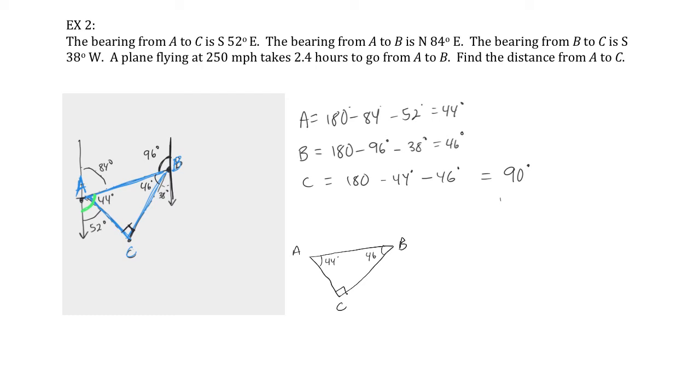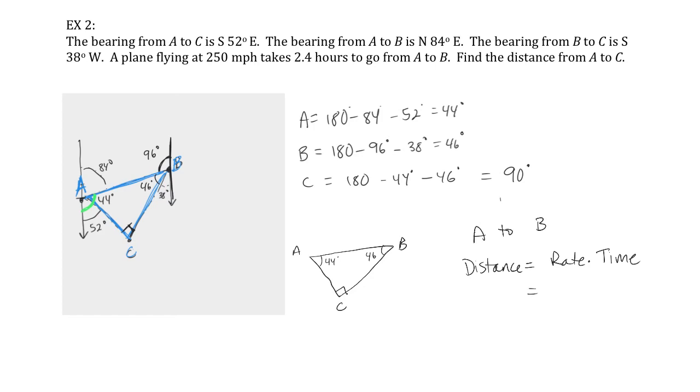Okay, so now let's figure out what else we're given. A plane flying at 250 miles an hour for 2.4 hours goes from A to B. Okay, so A to B. The distance there, distance is equal to rate times time.